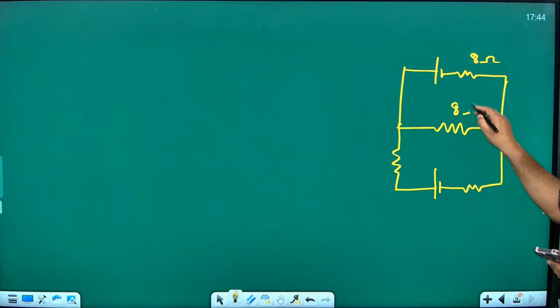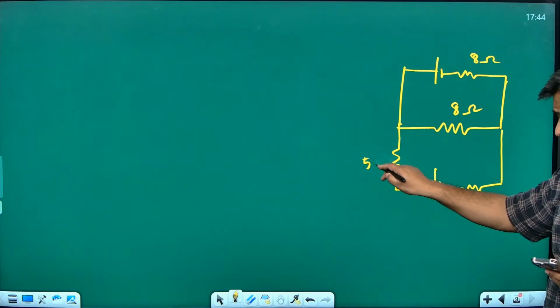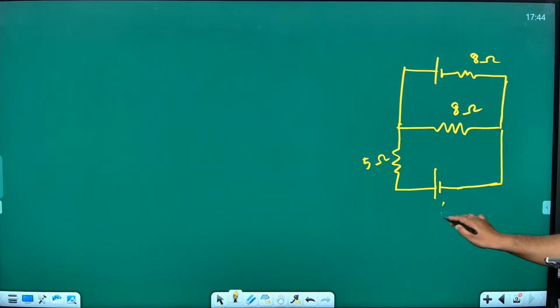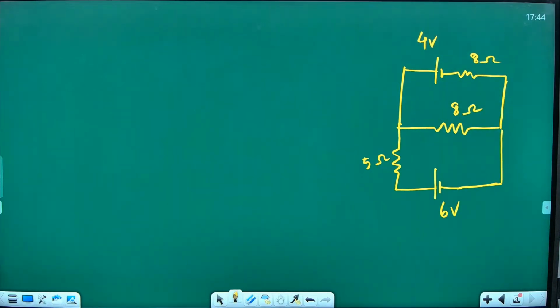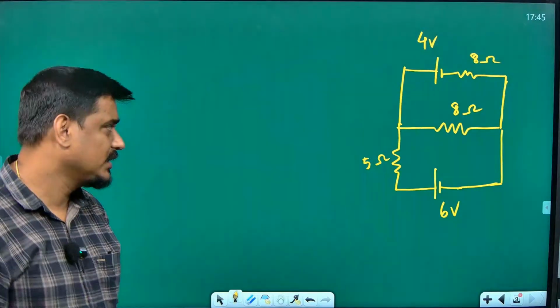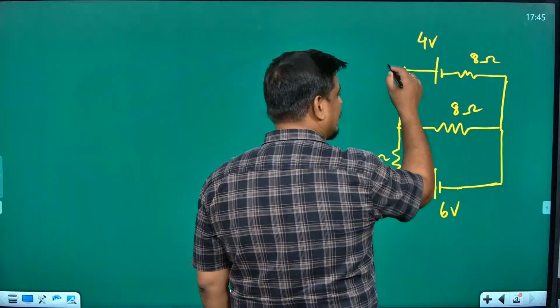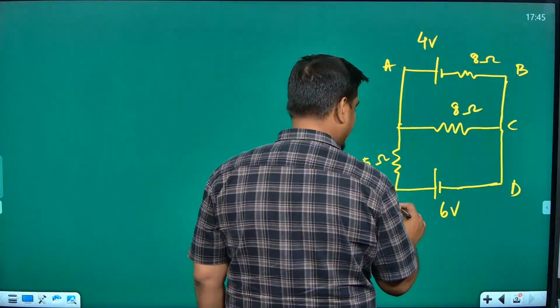This is also 8 ohms. This is 5 ohms. This is a 6-volt battery. This is a 4-volt battery. And you're asked to find the current flowing through each branch. They have not mentioned anything about the current. Just mentioned this as A, B, C, D, E, and F.